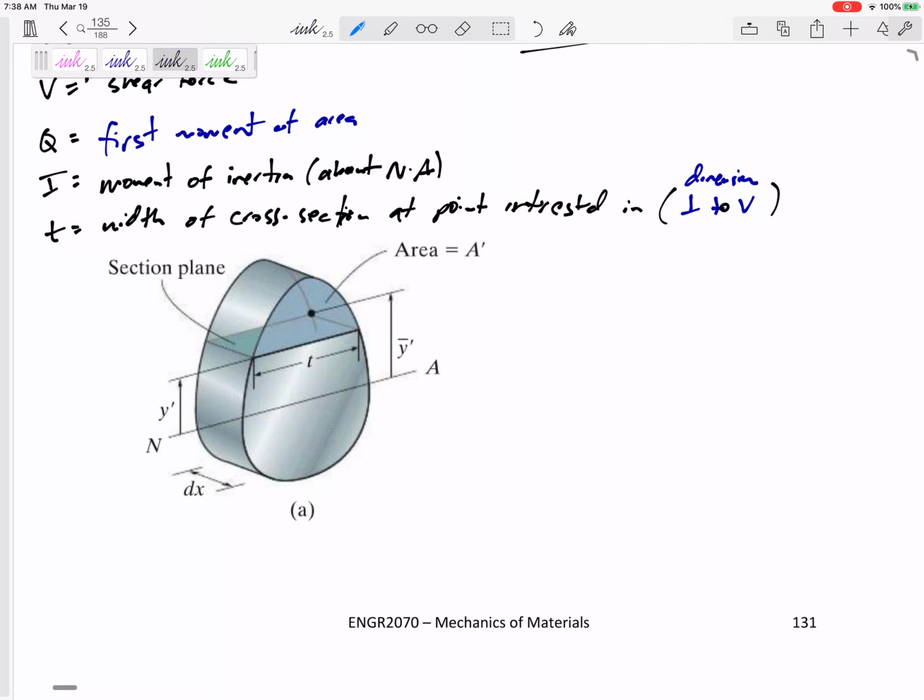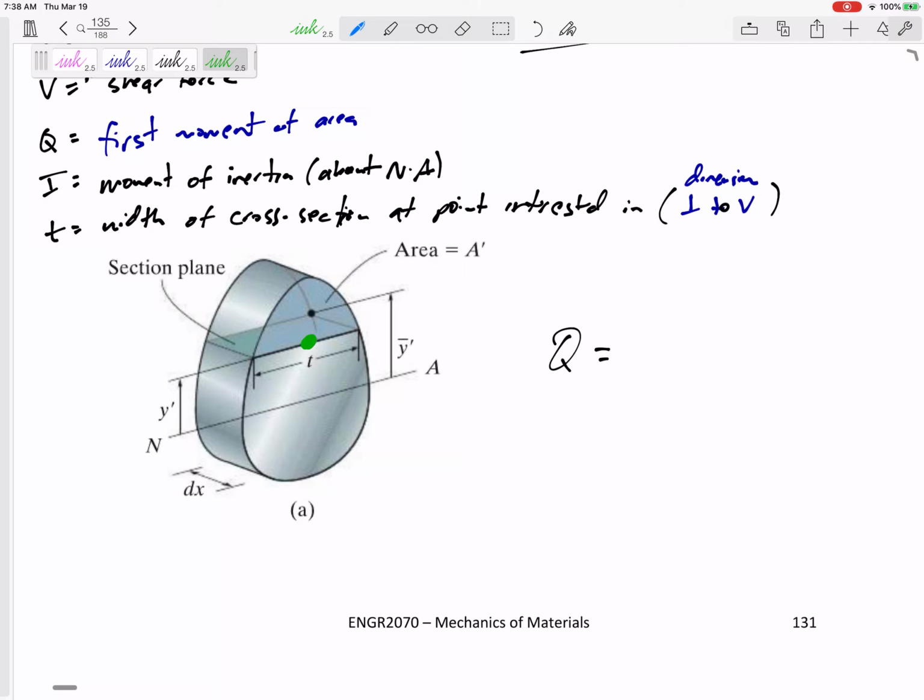Okay, so let's talk about this Q, this first moment of area. All right, so if we wanted to know the Q, if we were interested in this green dot, if we were interested in the stress at that green point, okay, not this point up here, but the green dot, then the T at that green dot would be that thickness right there at that location.